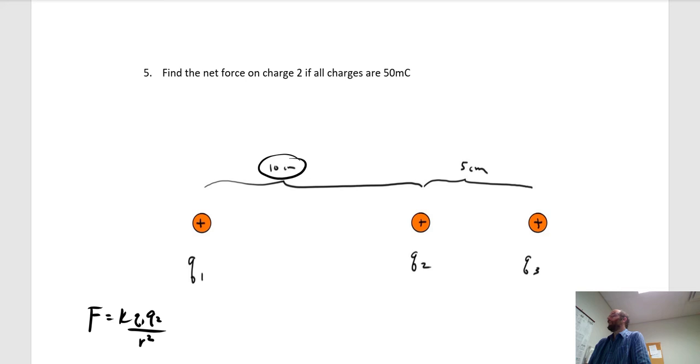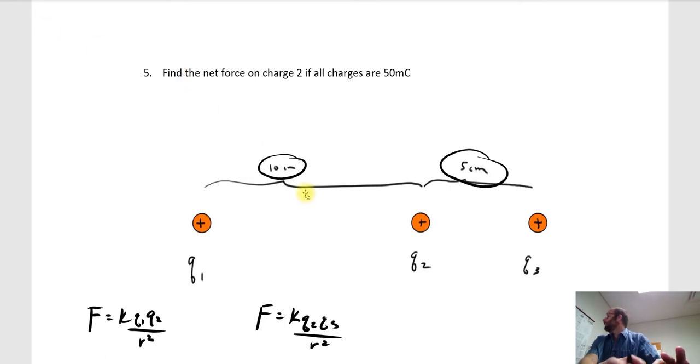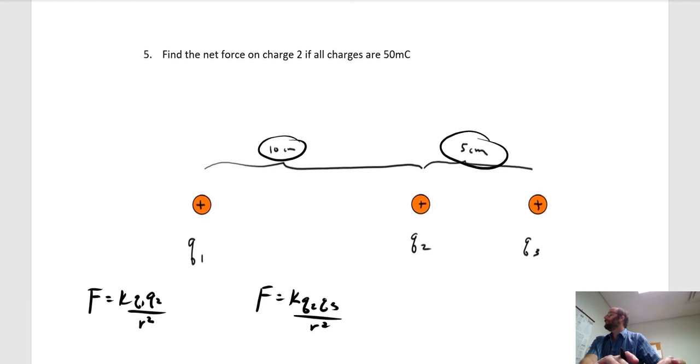Keep in mind, these all have the same charges. And then you can scale it appropriately. Then calculate a number using Coulomb's law, k q2 q3 over r squared. And then the net force is the vector sum of the two. Relatively straightforward, simple problem.